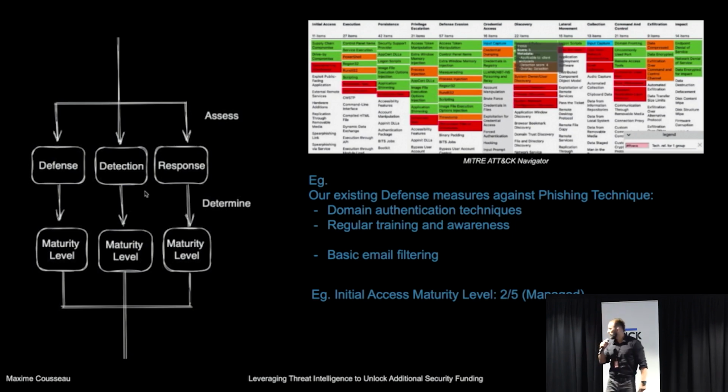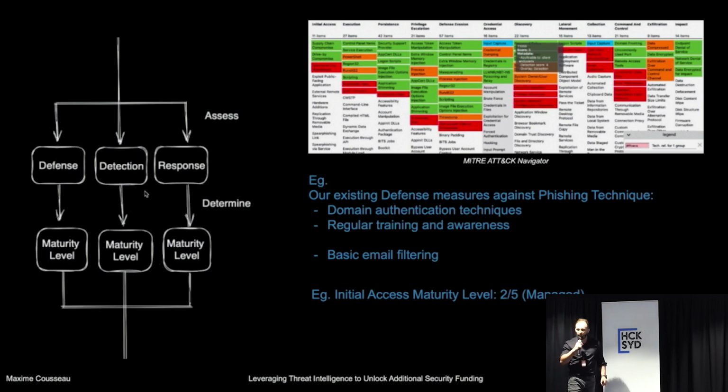In this example, you can see here the MITRE ATT&CK framework, and use colors as well just to symbolize your maturity levels for each of these TTPs. By way of example, domain authentication techniques, okay, regular training and awareness for employees, all good.